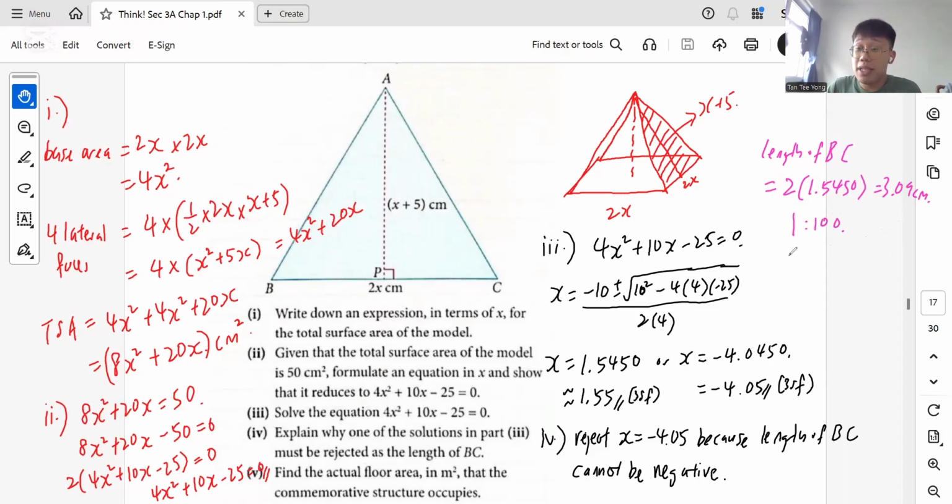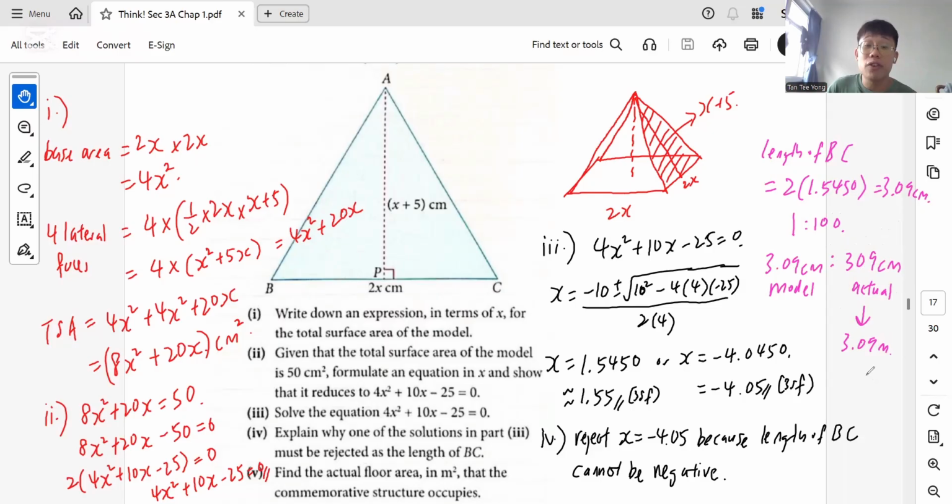That means 3.09 cm is the same as 309 cm. This is the model, this is the actual. How do I get 309? Because I take 3.09 times 100. So this will give me 309 cm, and this is 3.09 meters.